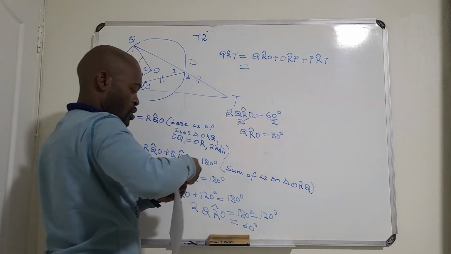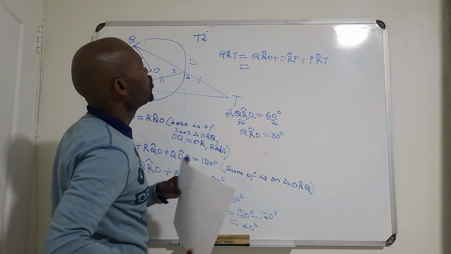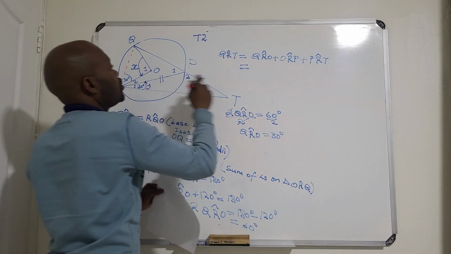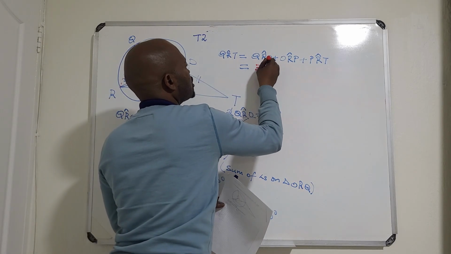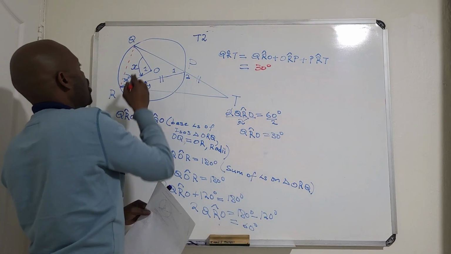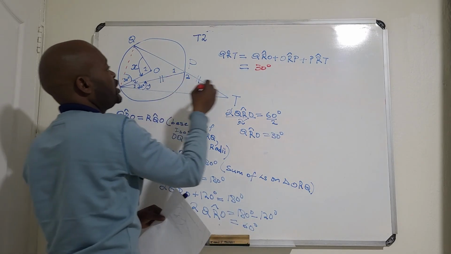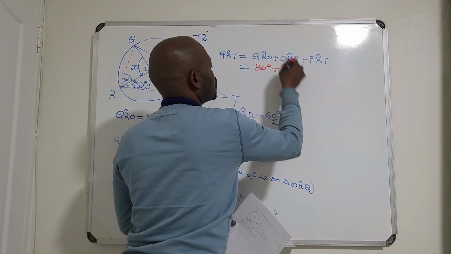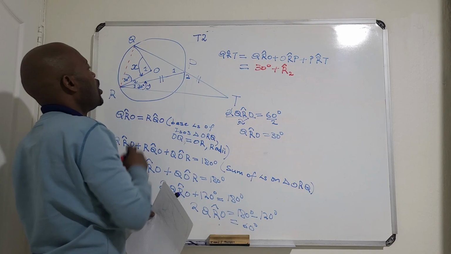Now, angle QRO is 30 degrees, plus angle ORP, which is angle R2, what we are looking for.